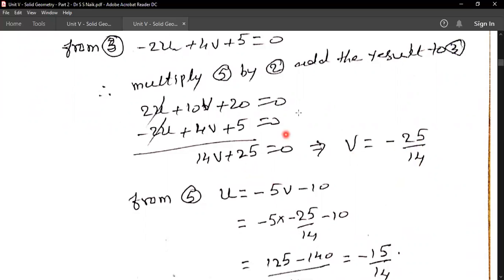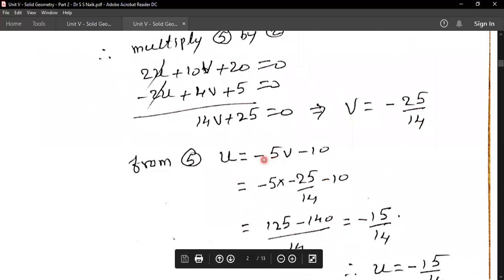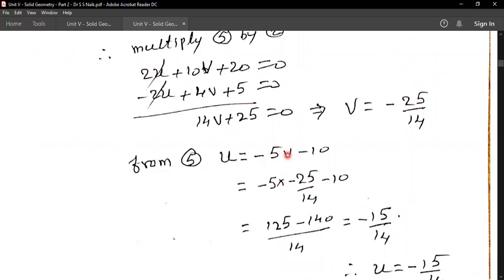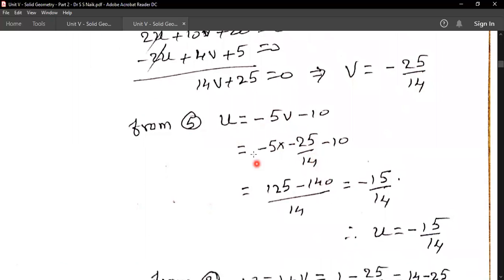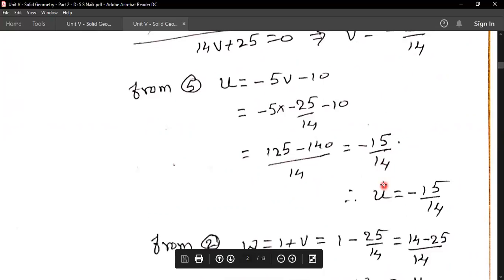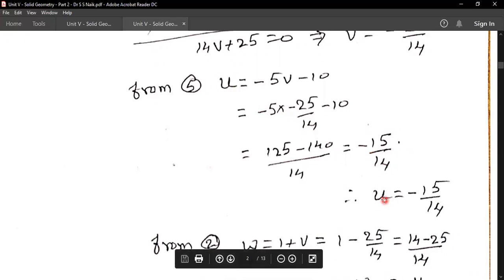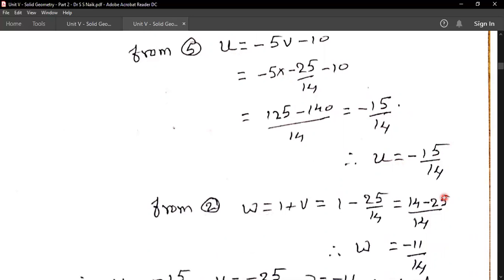Then from equation number 5, we have u is equal to minus 5v minus 10. That is minus 5, v is known to you, minus 25 upon 14, then minus 10. Then simplify this value, then you get this equal to 125 minus 140 divided by 14 is equal to minus 15 upon 14. So therefore, another variable u is known. u is equal to minus 15 upon 14.